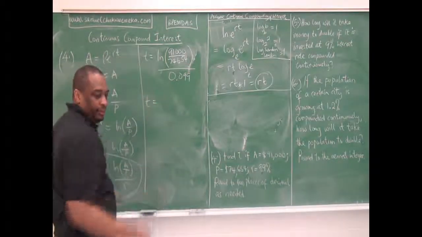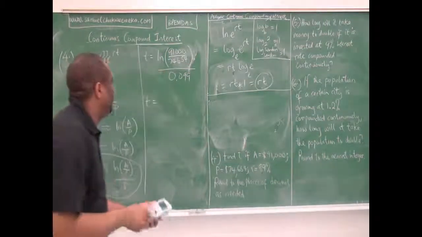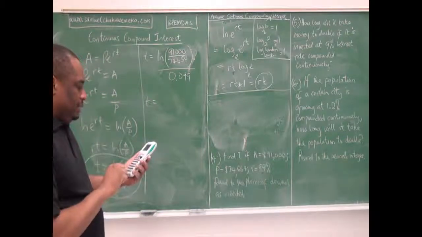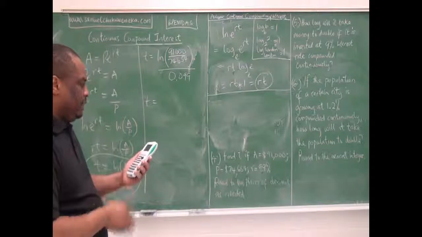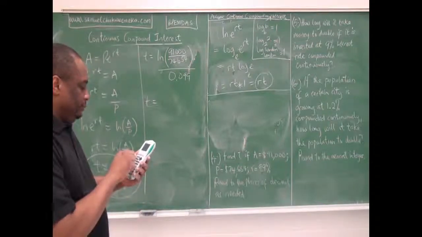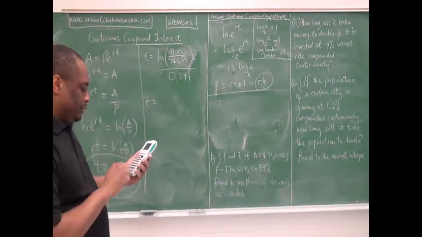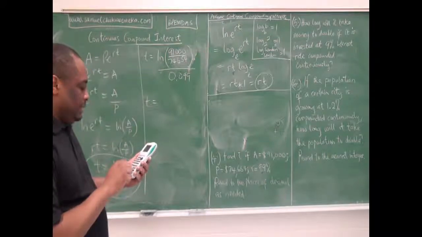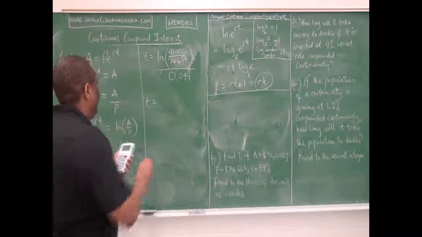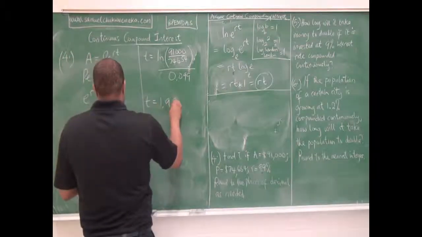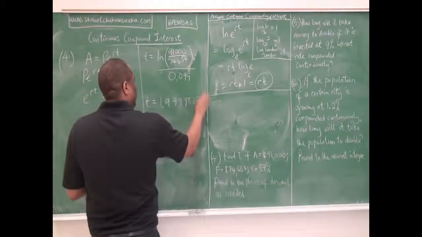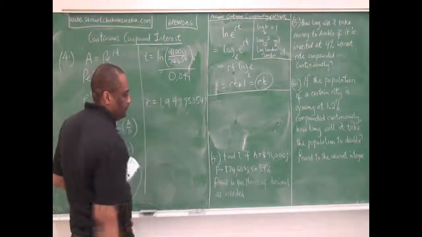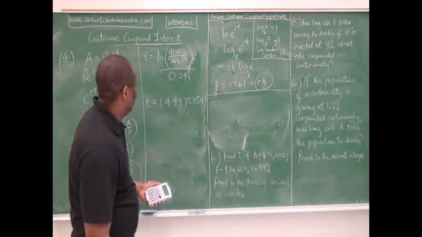So t will be, with your calculator, you do the same thing here: 91,000 divided by 74,654, then ln of my answer, then divided by 0.099. So you get 1.999953541 years. They say round to 2 places of decimal as needed.